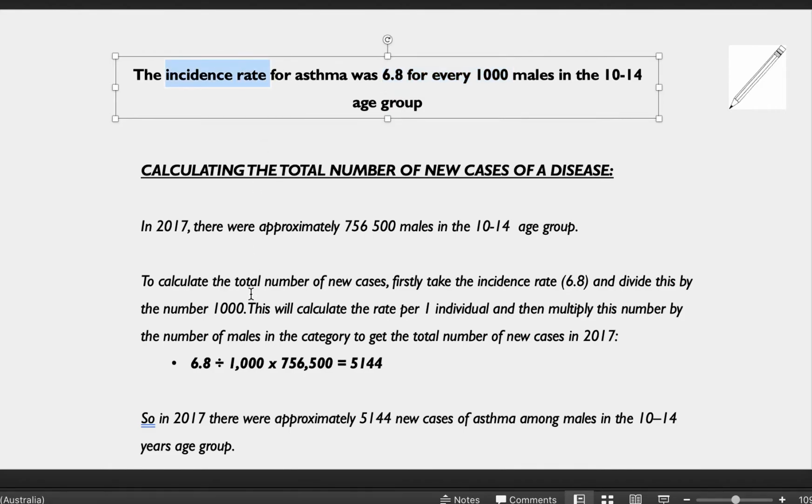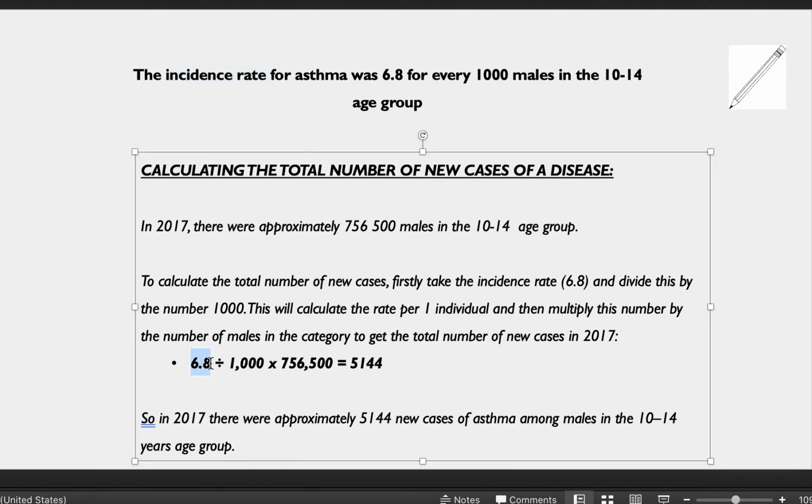But if we want the actual incidence of how many people, what we need to do is take that rate, divide it by 1,000, sorry, 1,000, not 100,000, and then take that number and multiply it by the number of people in that category.